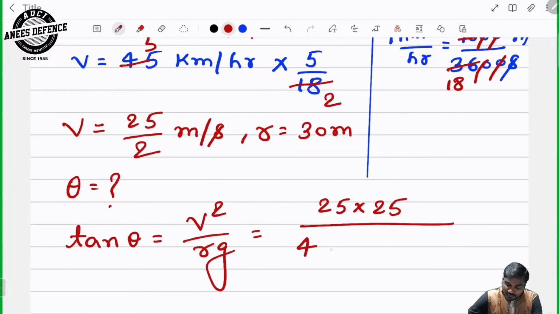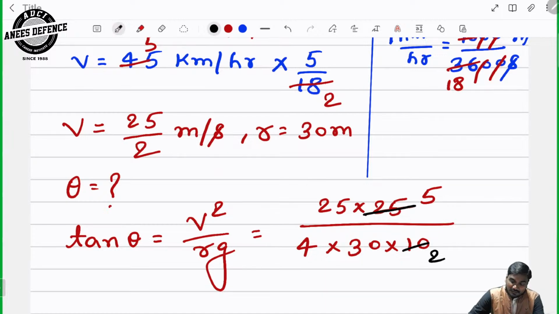Right? 4 into r, r is 30, and g is 10. Right? 5 fives are 25, and 5 twos are 10.